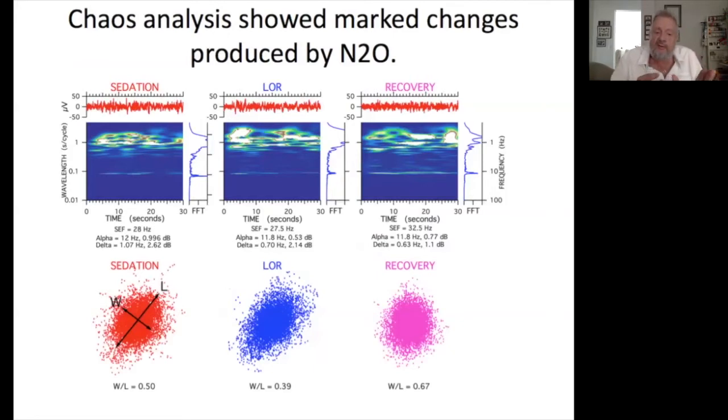Now I'm going to talk about this new analysis that Stu developed a number of years ago. The way it works, it's a nonlinear dynamic approach to the EEG signal.